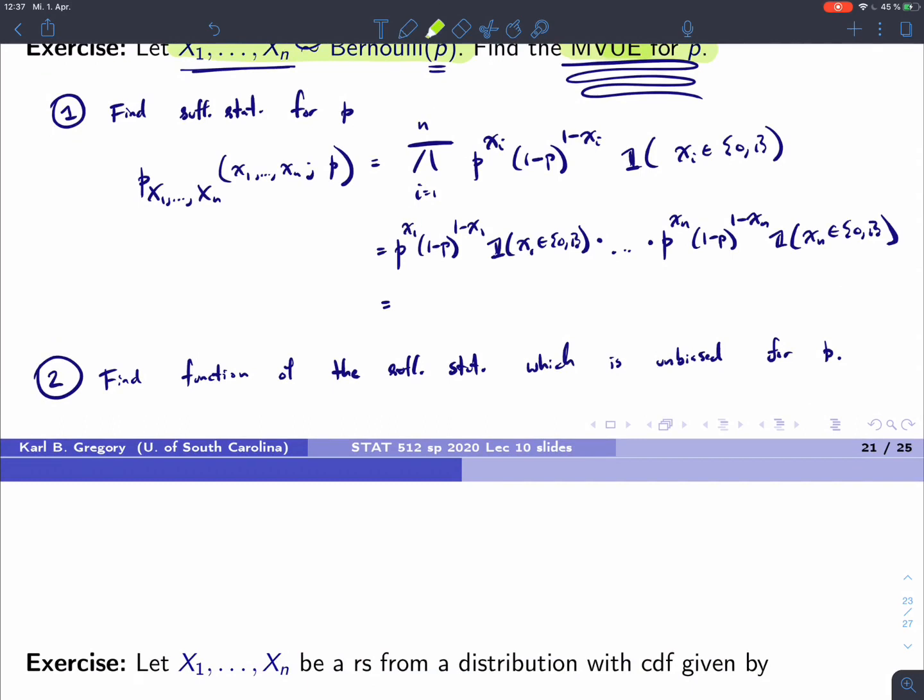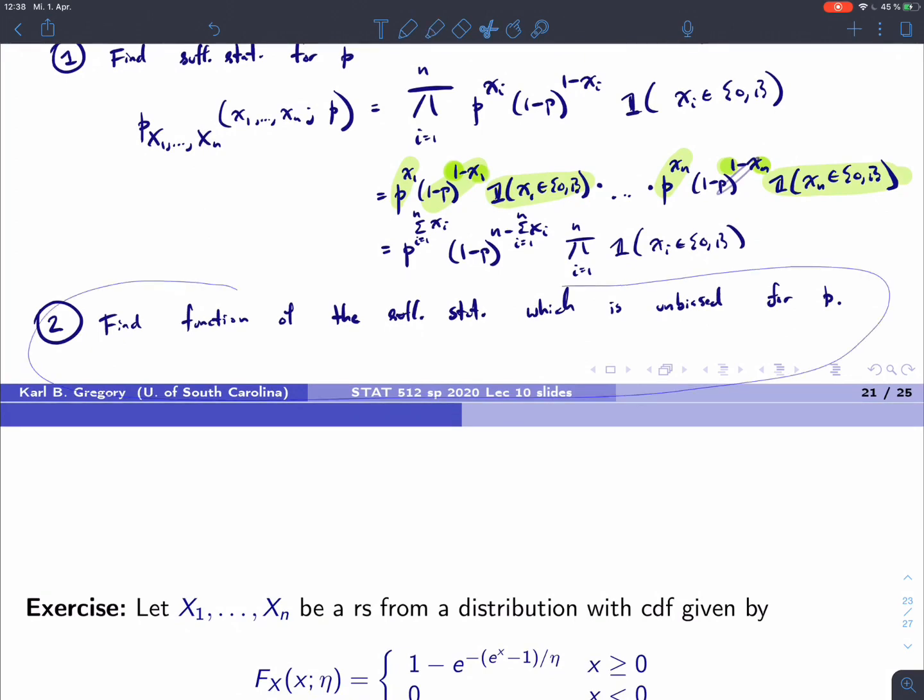And if I take all these p's, I'm going to get p raised to the sum of the xi's. If I take all my 1 minus p's, I'm going to get 1 minus p raised to the n minus the sum of the xi's, because it's like 1 plus 1 plus 1 n times, and then I'm subtracting x1 plus x2 all the way out to xn. And then over here I can just write a product of my indicators to pick up these pieces.